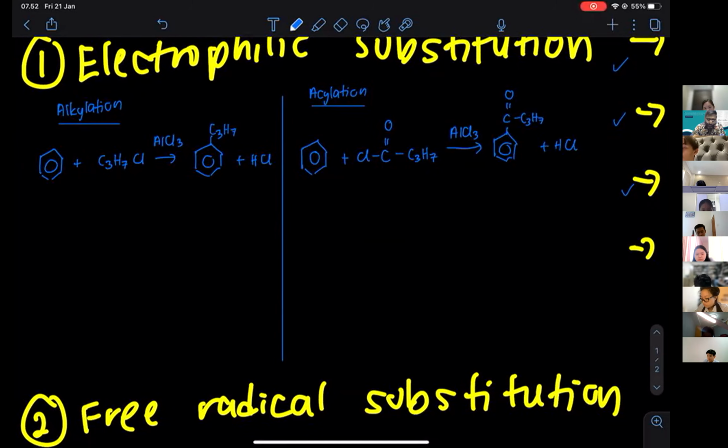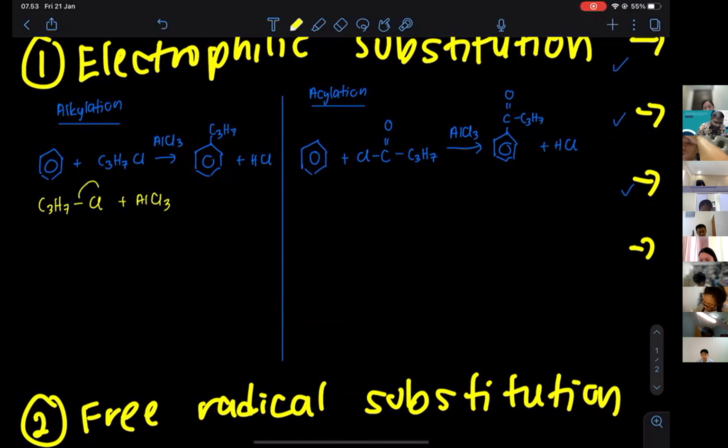Of course, we don't stop over there. We need to know how to write the mechanism of the reaction, which can be written similar to what we have learned. So it's C3H7, you have Cl, then you react with the AlCl3.